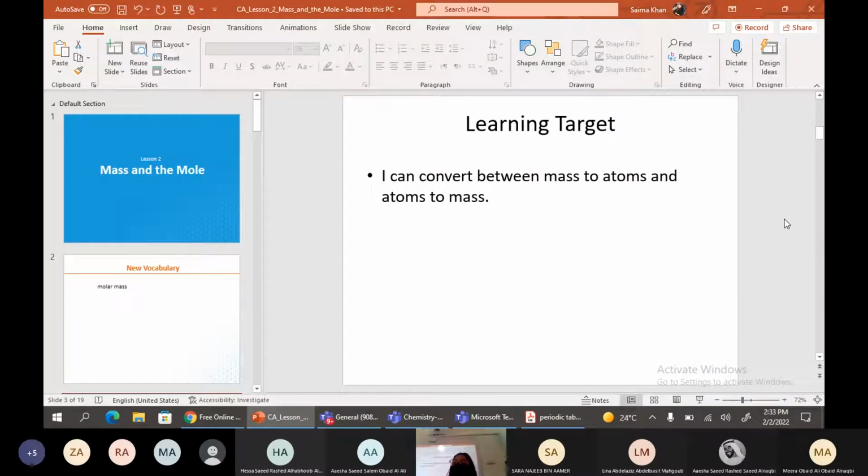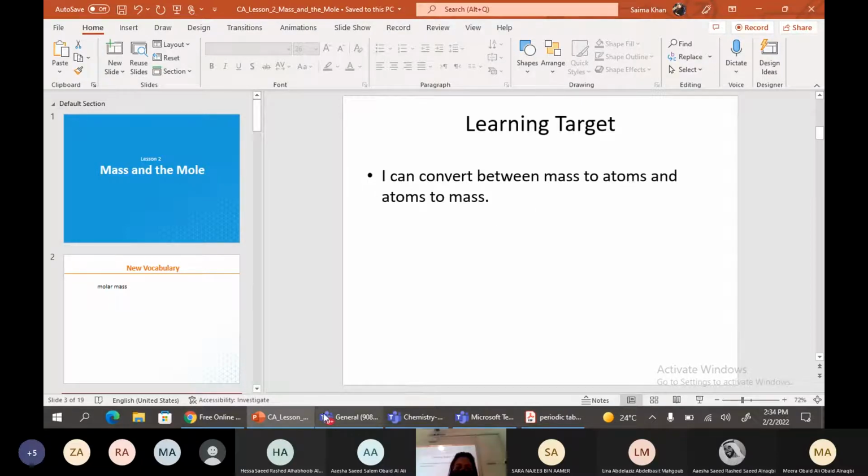Girls, yesterday we did the conversion between mass to moles and moles to mass. And before yesterday, we did the conversion moles to atoms. Now we have a learning target today. We need to convert between mass to atoms. We will be learning how to convert between mass to atoms.